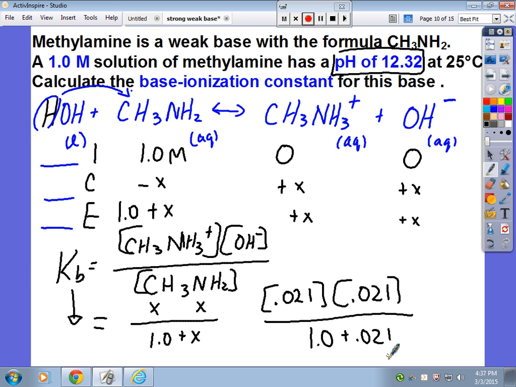So I have 0.021 times 0.021 divided by that, and I'm going to get 4.31 times 10 to the minus 4. And that is equal to my Kb. And that's how you do that.